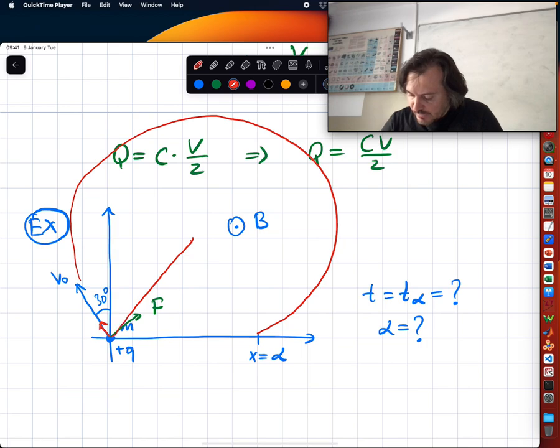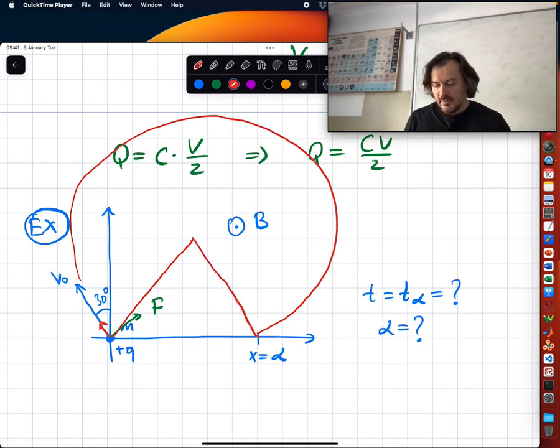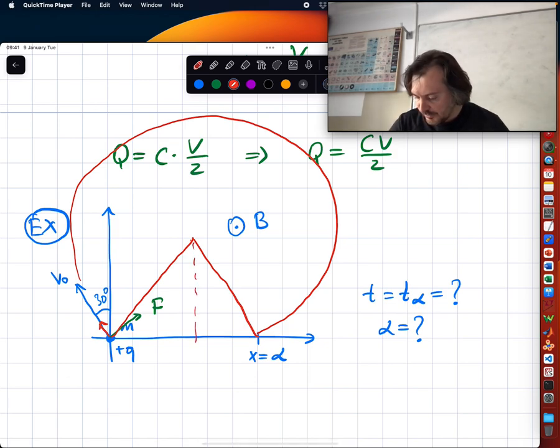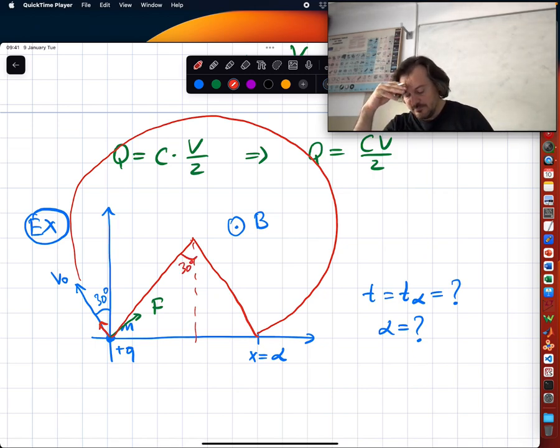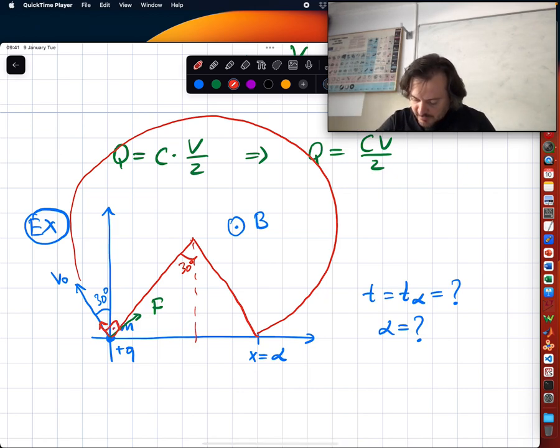So we need to find that distance and the time it takes. It's again those geometry problems. If this is 30, then this is also 30, right? This angle is 90 degrees. This is 60.